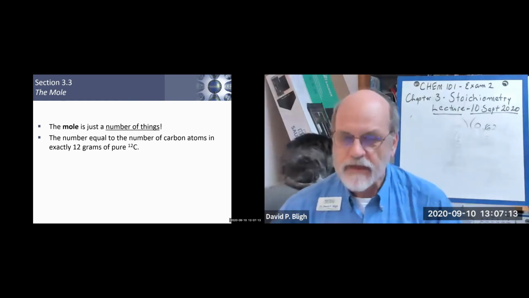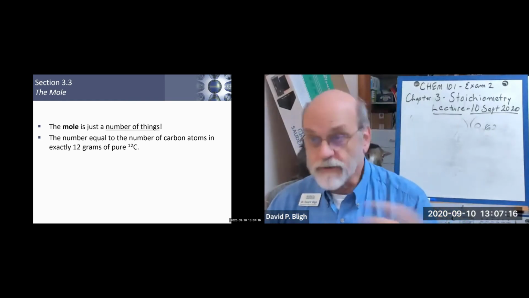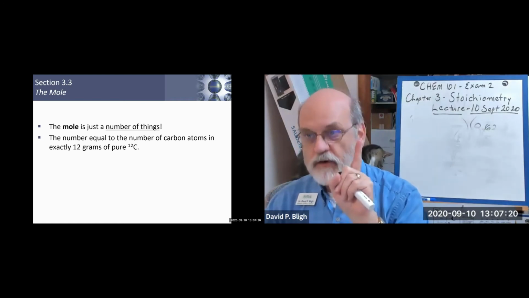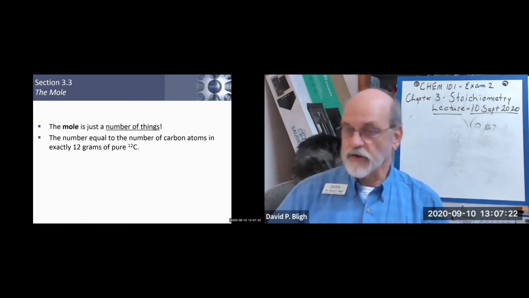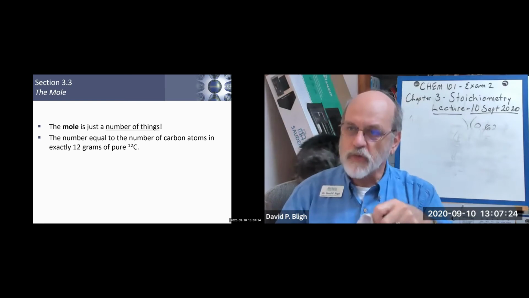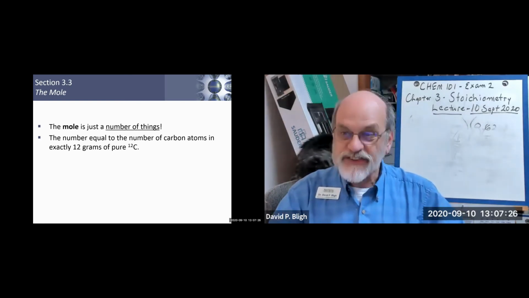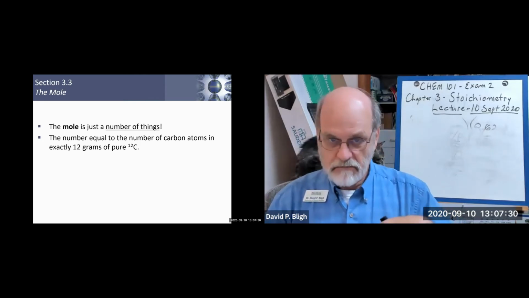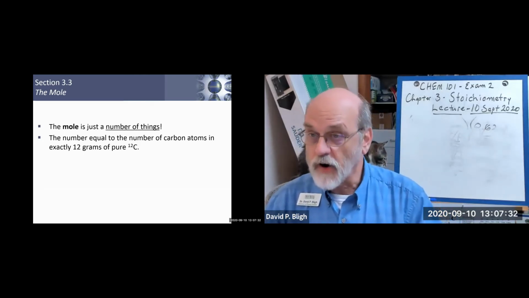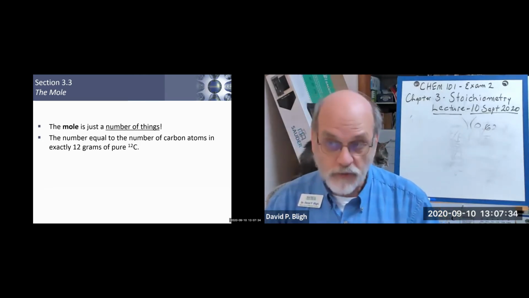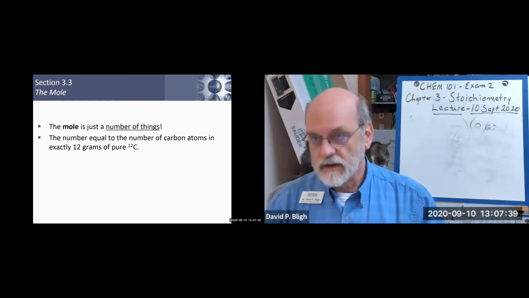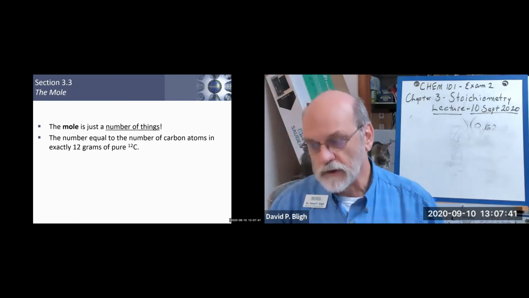So if we have 12 grams of carbon-12, we have exactly 1 mole of carbon atoms. So we're not only using the carbon-12 isotope as our single atom standard, we're using a certain number of carbon atoms, isotope 12, to determine another unit of measure, which is the mole.